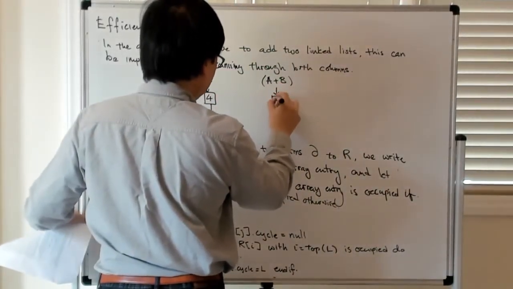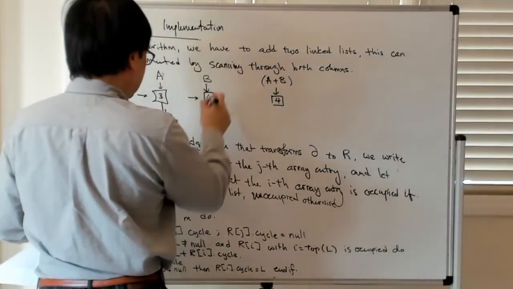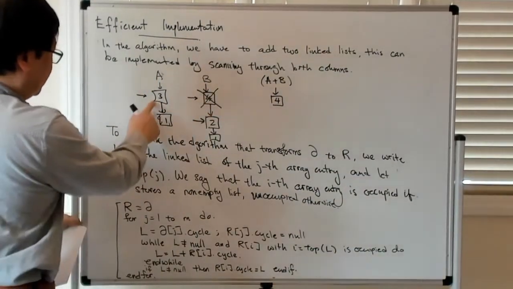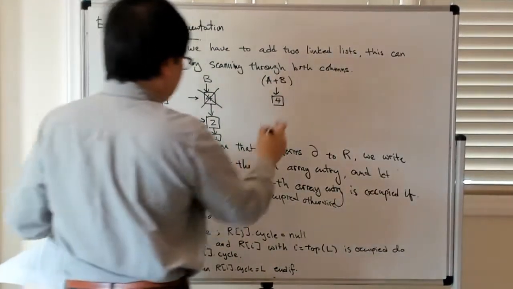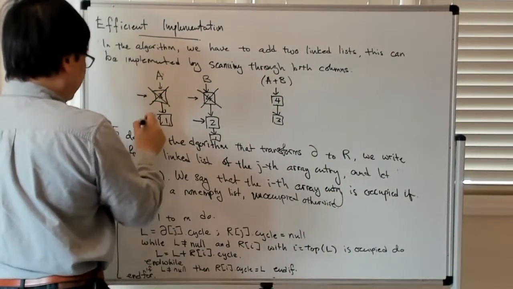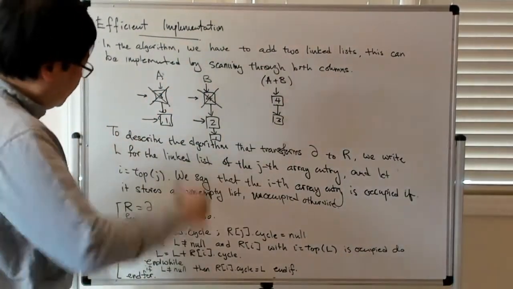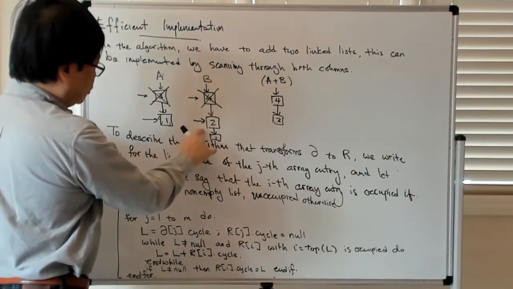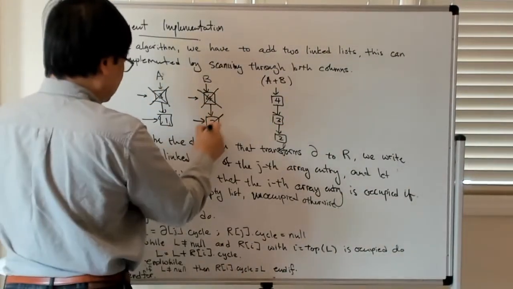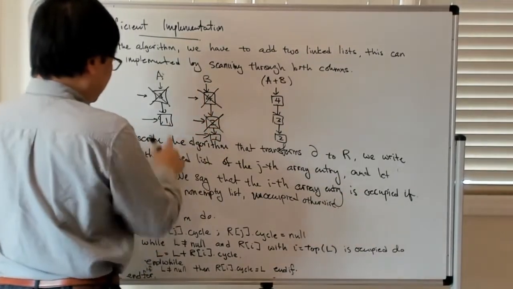So I take 4, and then that is gone. The pointer goes to 2. I compare 3 and 2. 3 is bigger, so I put 3 in this list, get rid of that, and increment the pointer down. Now I compare 1 and 2. 2 is bigger, so I put a 2 here, and now I have a 1 and 1.